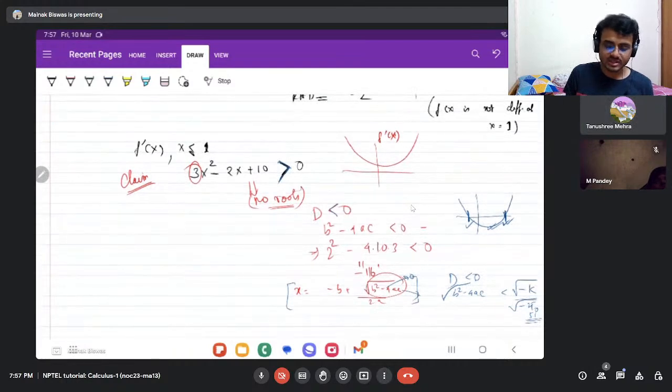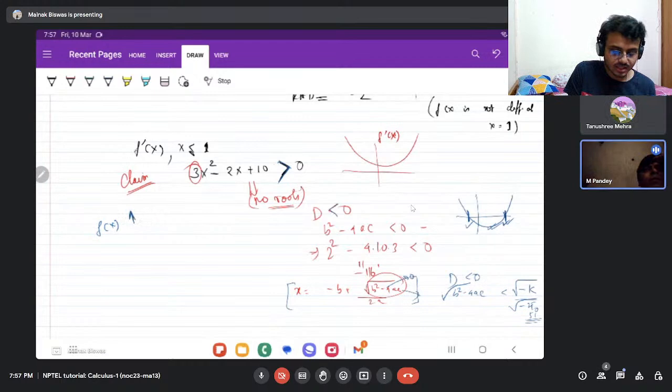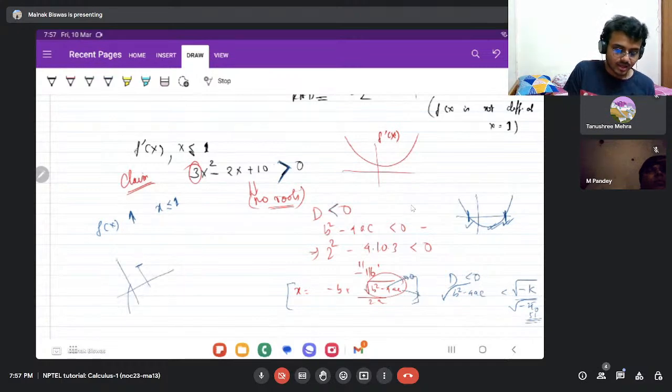So if it is greater than 0, f(x) is increasing, right? Yes. f(x) is increasing for x less than 1. So for x less than 1, you have this as an increasing function. And up to where does it increase?